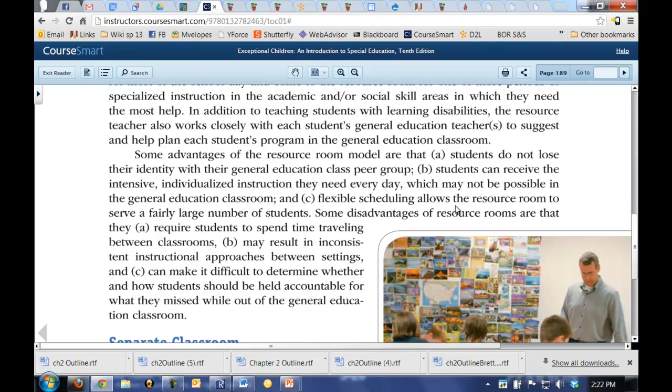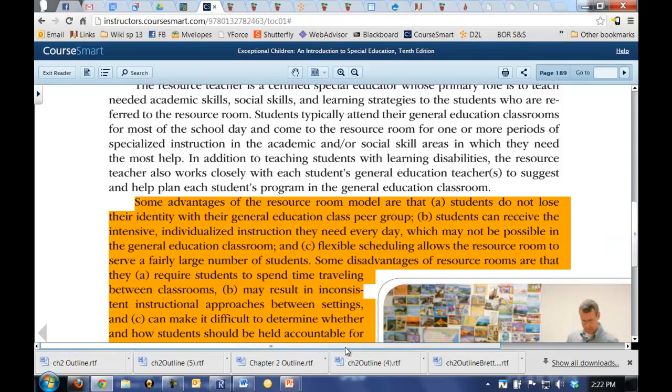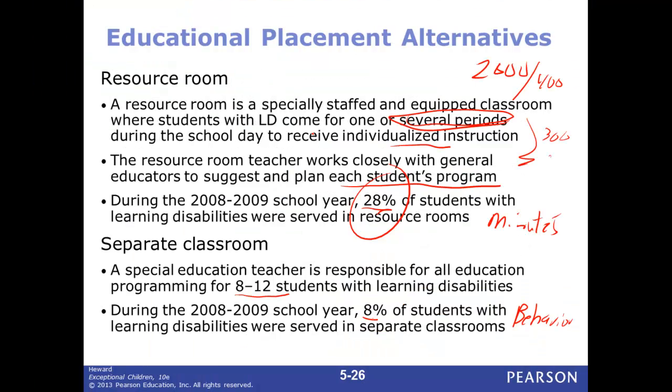Flexible scheduling allows the resource room to serve a fairly large number of students. Some disadvantages of the resource room are that it requires students to spend time traveling between classrooms, and may result in inconsistent instructional strategies. And so I'm going to ask you to very briefly bring those in, the advantages and disadvantages of the resource room.